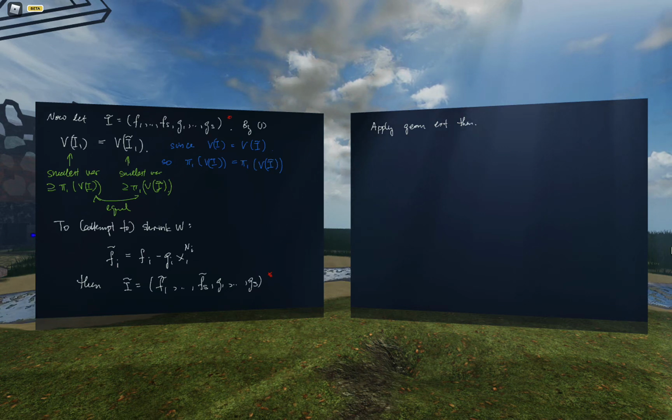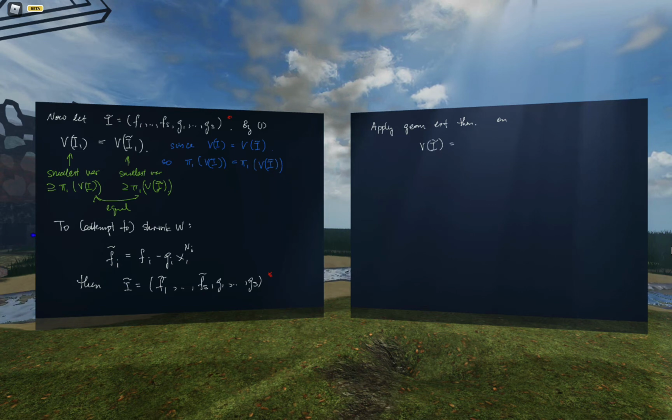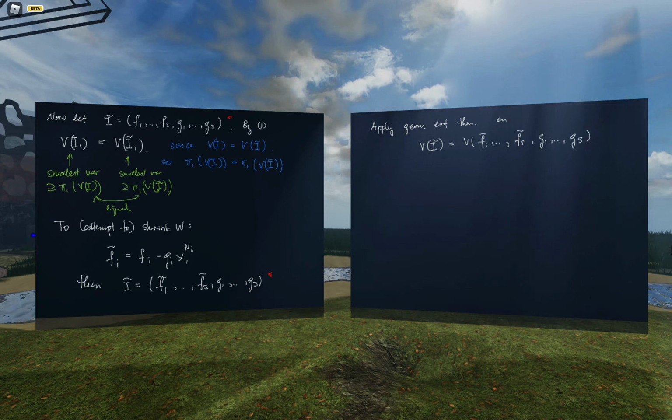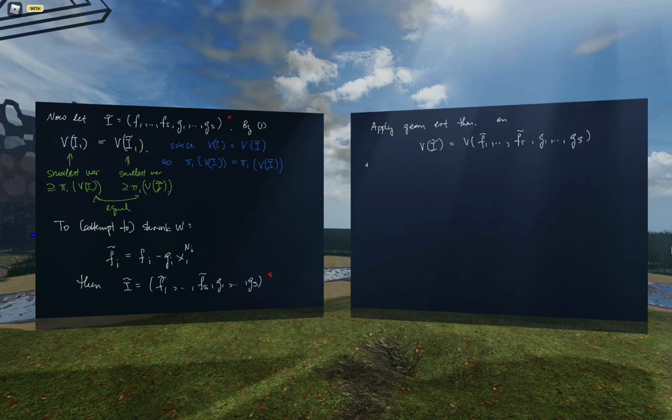Remember, the geometric extension theorem depends on the generators, so I should write out what the generators are, because I'm applying it to the F tildes, not the F's. So now we've changed the generators, and we apply the geometric extension theorem, which means going through the whole thing of defining new G_i's from these generators.